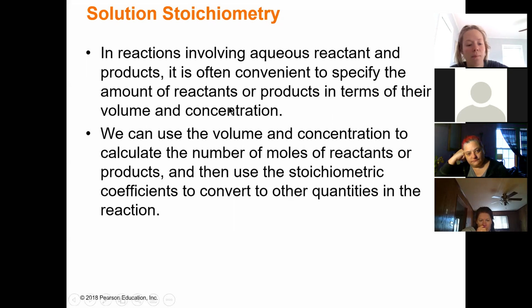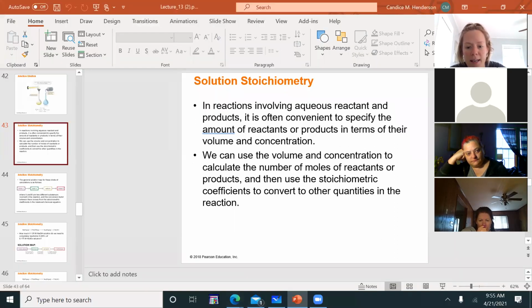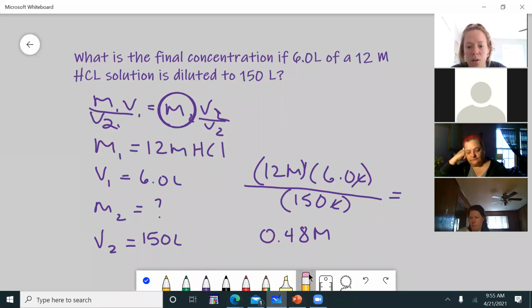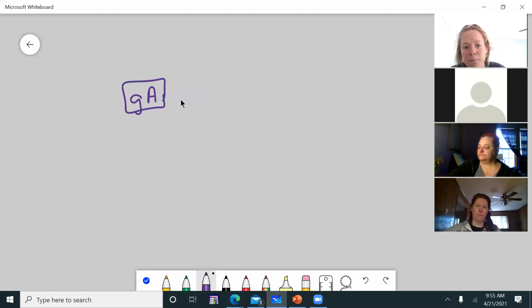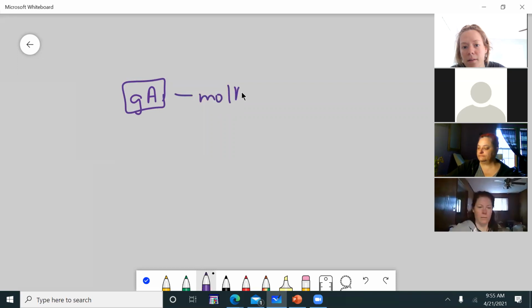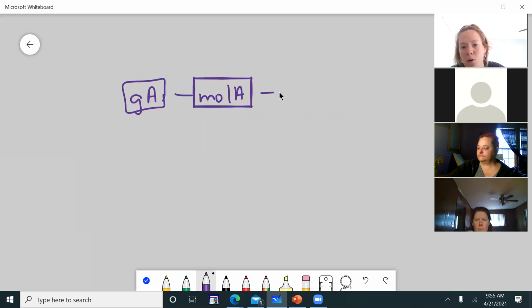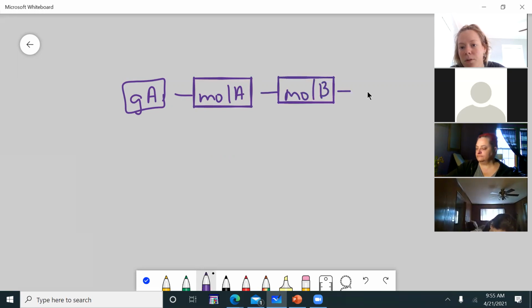So I'm going to go back and write the flow chart that we had used a while ago, which was grams of A can get us into moles of A, and moles of A into moles of B, moles of B back into grams of B. Now in the center here, this is where we use the balanced equation.